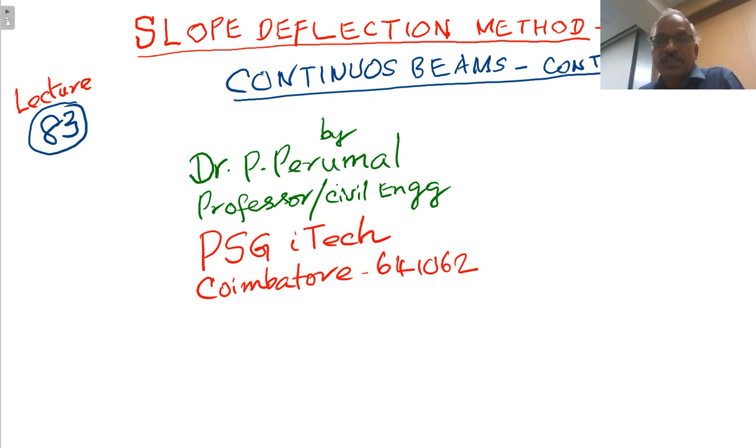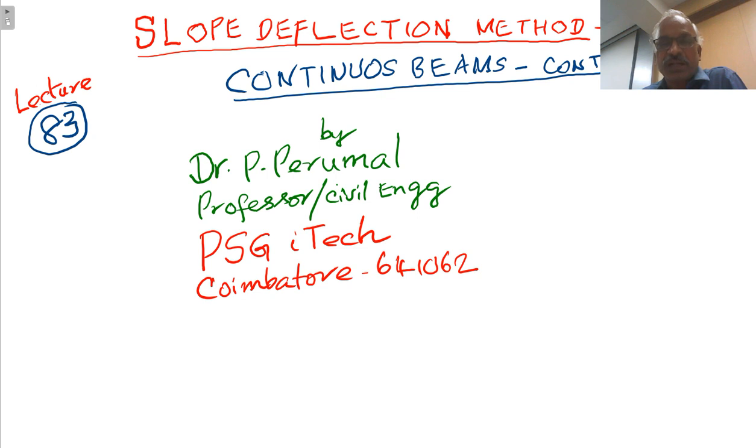So in the last two lectures, lecture number 81 and 82, we have introduced the slope deflection method. We have discussed the basic steps of the slope deflection method, and we have done a numerical example on a 3-span continuous beam subjected to uniformly distributed load, central load and a non-central load.